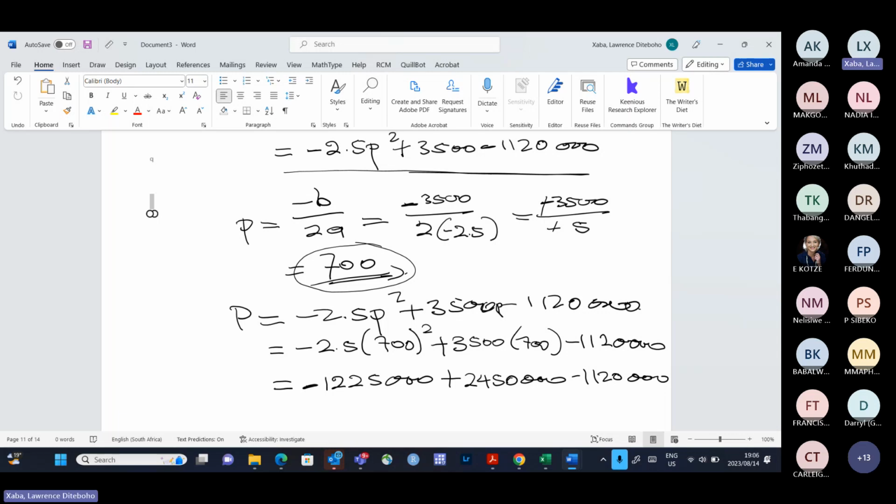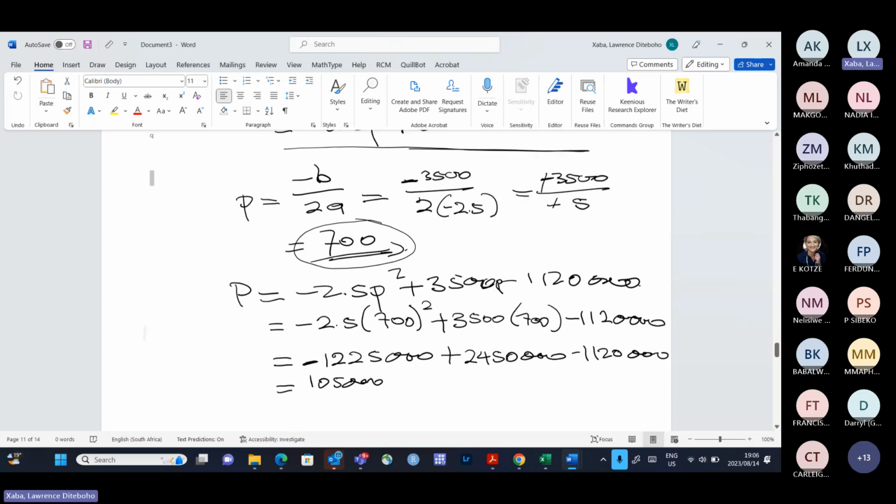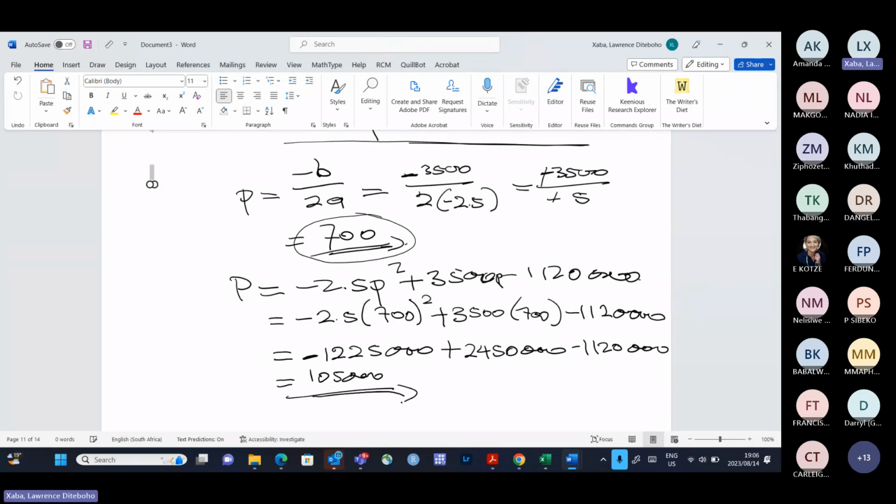Then we want the difference. When we say negative 1,225,000 plus 2,450,000 minus 1,120,000, then we have 105,000.